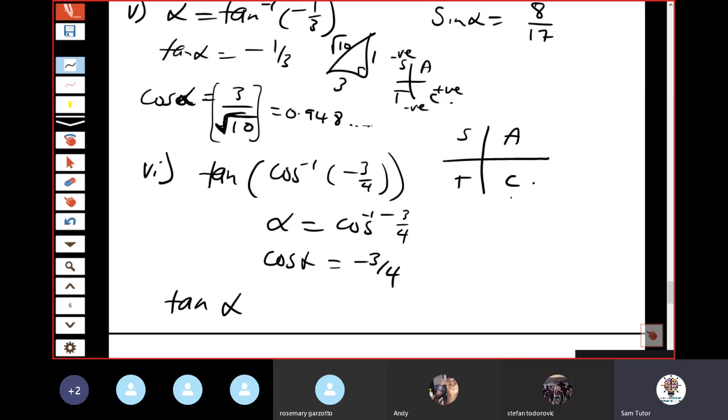Cos is negative. Now I've got to think about my tan. So this bit here, inverse cos of negative 3/4.